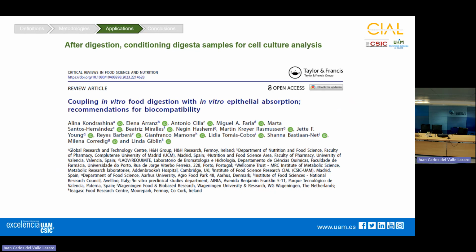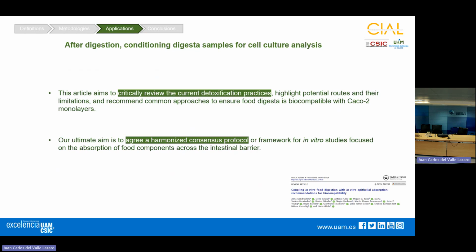And next, I would like to present this paper that we published last year, with recommendations on how you should treat your digestive samples before you run your cellular assays. We critically review the practices that are usually used nowadays to detoxify your samples after digestion.